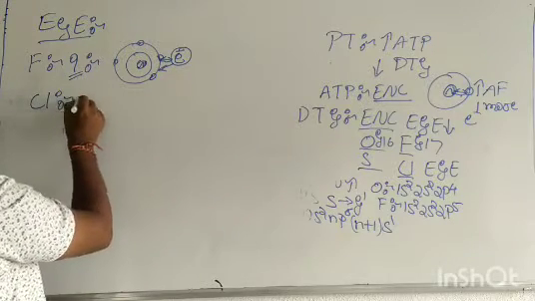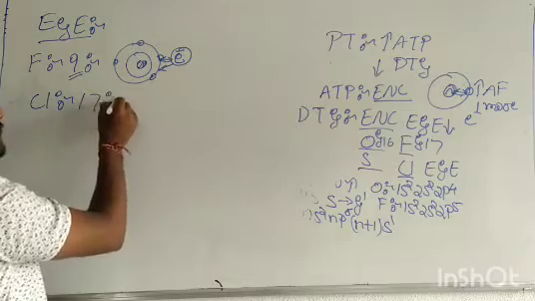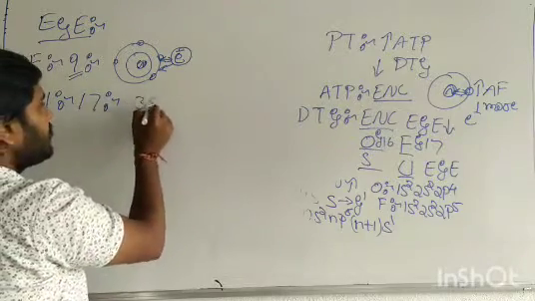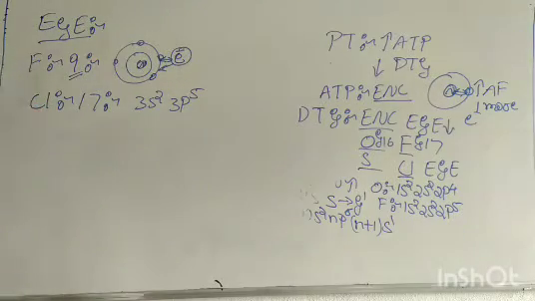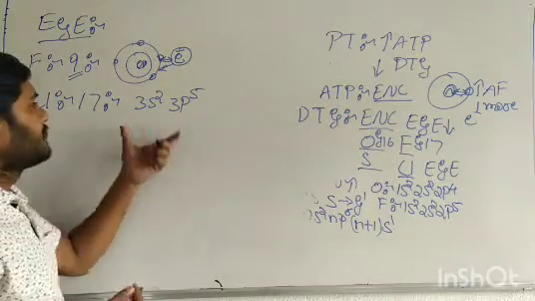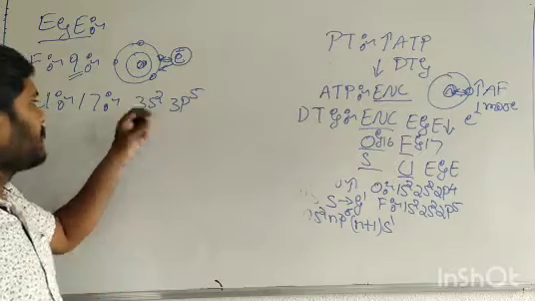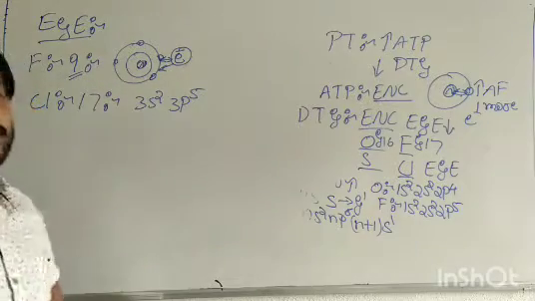Chlorine has atomic number 17, and its outer electronic configuration is 3s2 and 3p5.